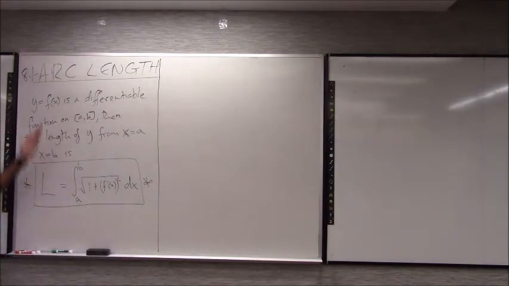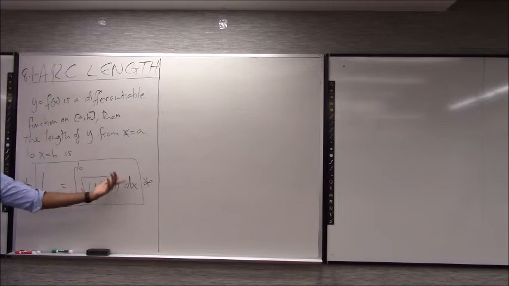So in this situation, whenever you can write y as a function of x, it also works the other way, by the way. If you can write x as a function of y, you can do a dy integral.